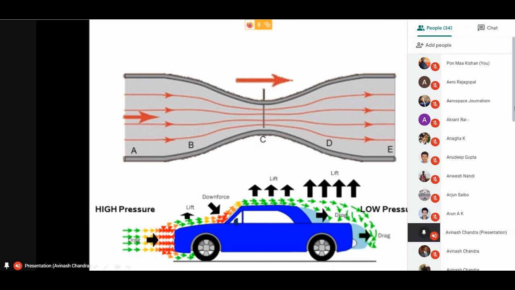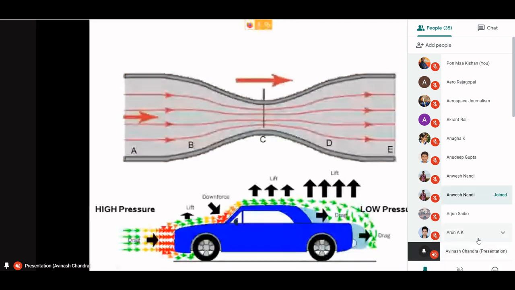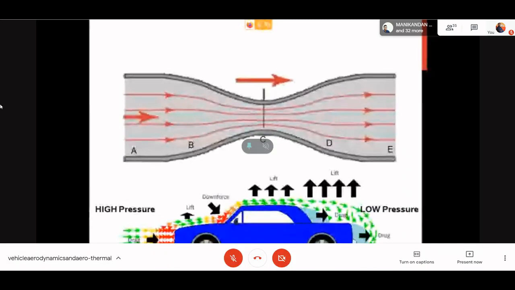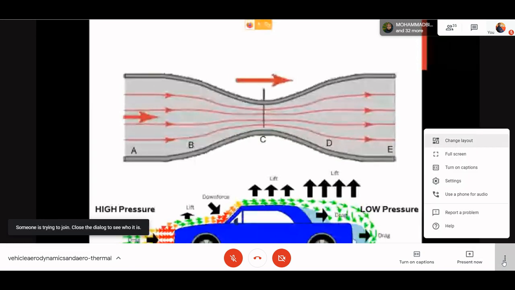Let me tell you a simple thing. This is all happening at some speed, which, as I told you, is more than 70 to 80 meters per second. So what is happening here? The fluid particles interact with the body here, and because the velocity is high, on the back side they are not able to fill the gap.